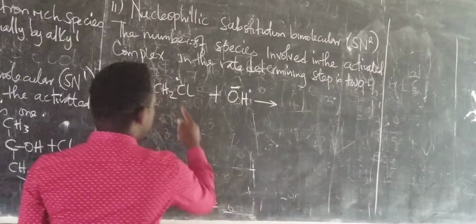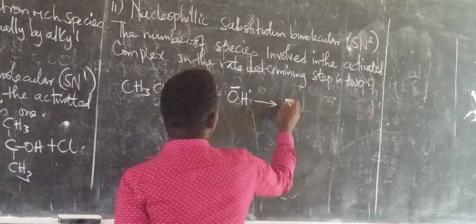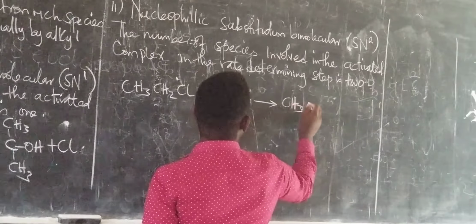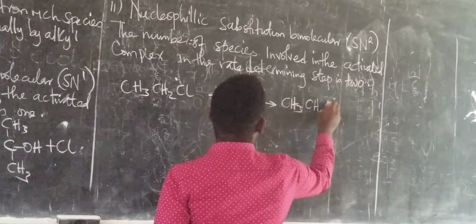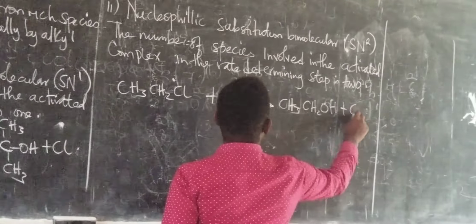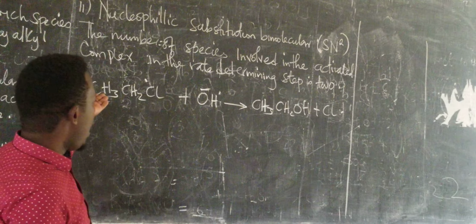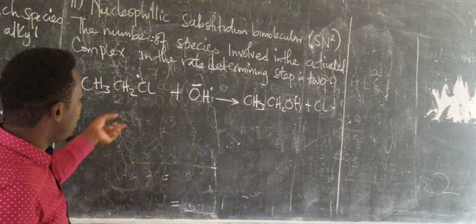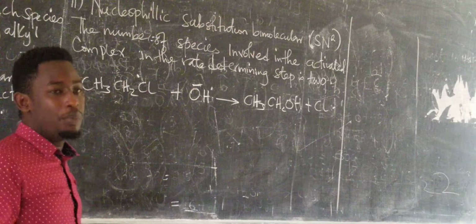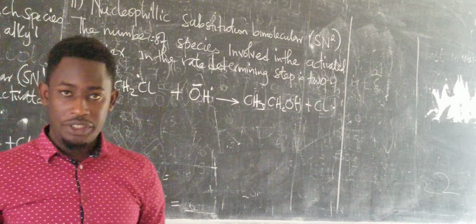How do we expect the chloride to be replaced so that we form CH3CH2OH plus Cl? But this one follows the fact that the activated complex will have two species.